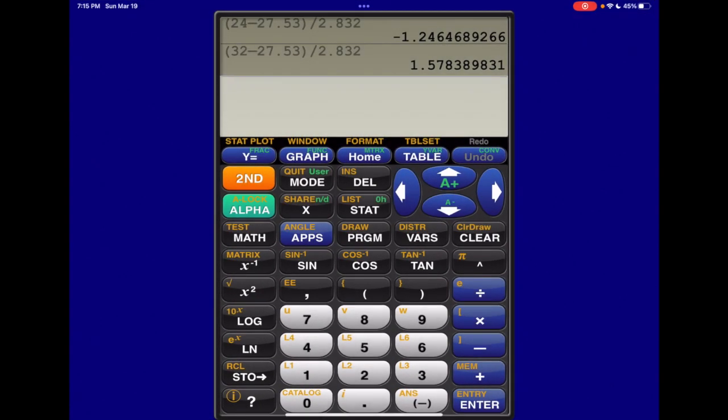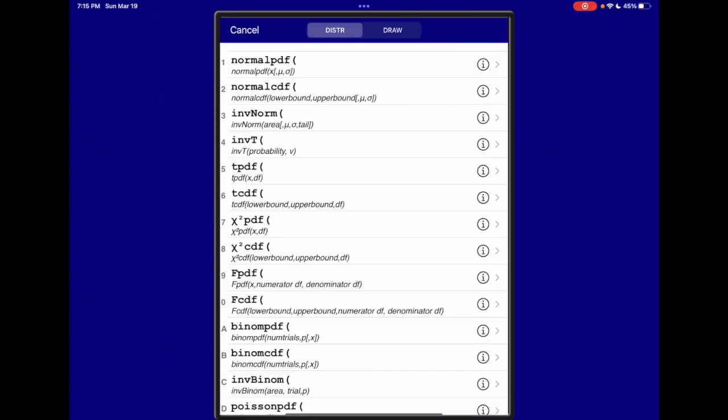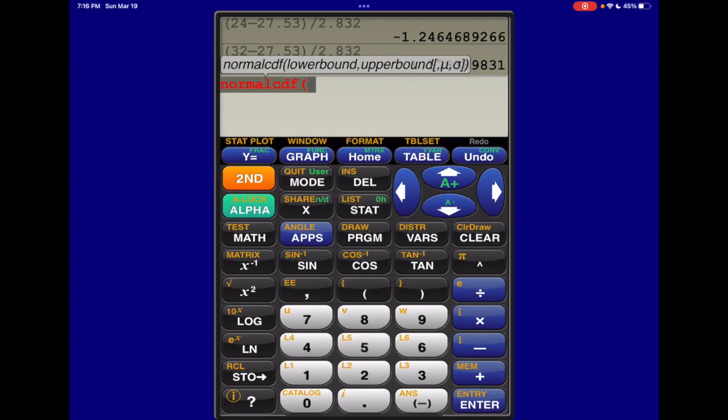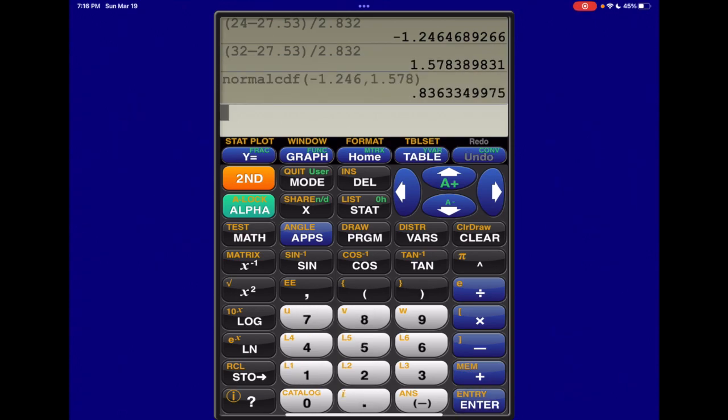We need normal CDF because we're given boundaries and we're looking for area in between. So we go into the distribution menu. We choose normal CDF, number 2 on my calculator. We type our left z-score, negative 1.246, comma our right z-score, 1.578. Close those parentheses, press enter.